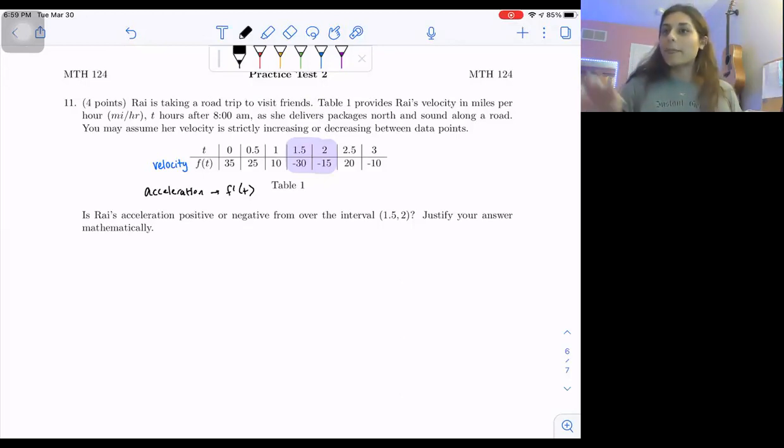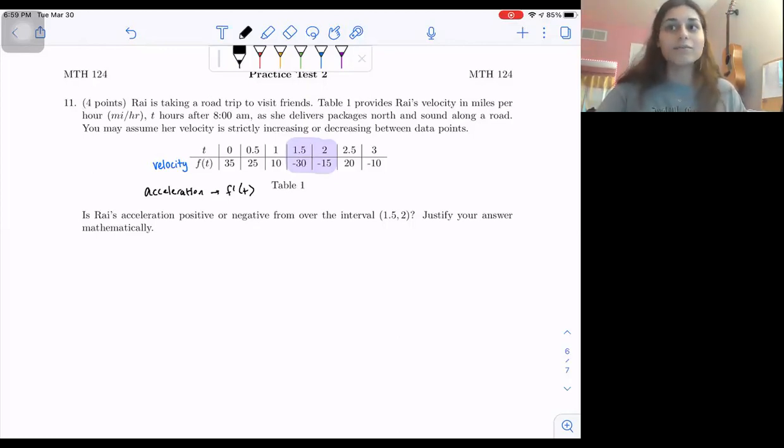Okay, so mathematically, if that didn't really make sense to you, don't worry. We want to find the rate of change between 1.5 and 2. Rate of change gives us a derivative. The derivative of velocity is acceleration, which is what we're trying to find.